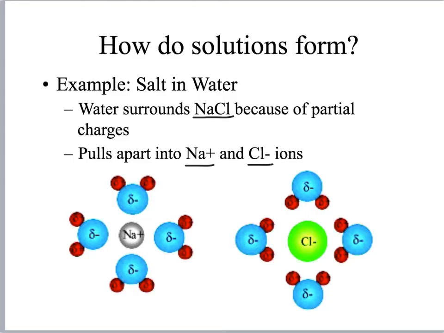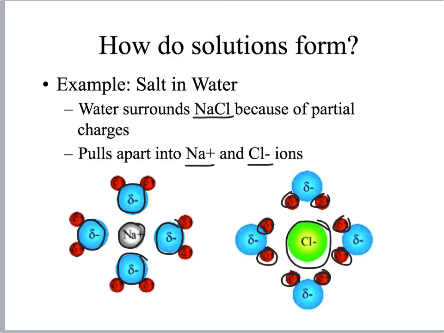The oxygens, which tend to be more negatively charged because of polarity, surround the positively charged sodium ion, and the hydrogens, which tend to be more positively charged, surround the negatively charged chlorine. So it literally breaks them apart. Because the individual ions are so small and surrounded by water, you can't see the individual pieces, and that's what makes it a homogeneous mixture.